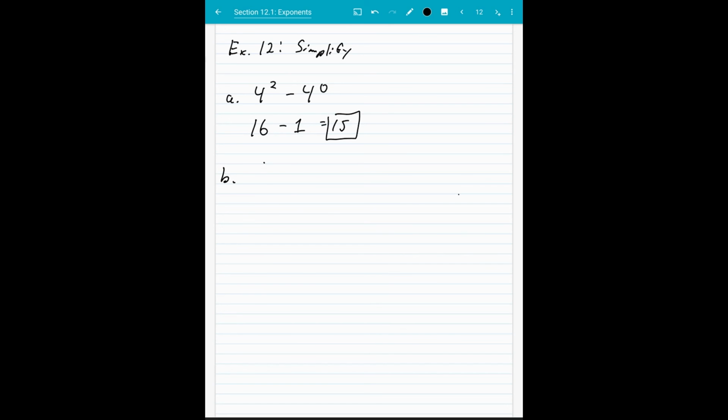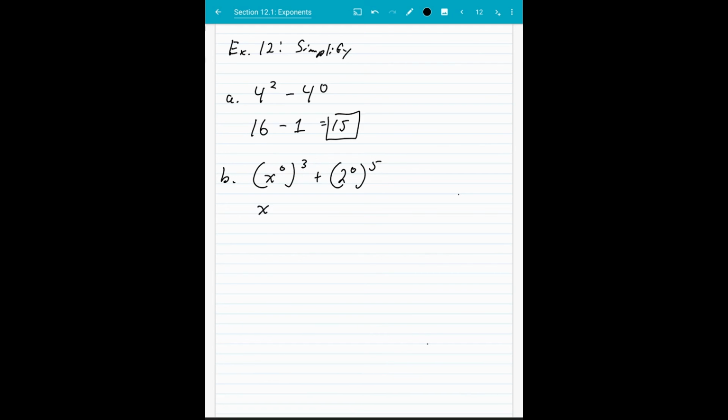For b, x to the 0 power to the third plus 2 to the 0 power times 5. We can use that property where we have the two exponents in the top like this and multiply them. So here we'll have to multiply these two numbers.